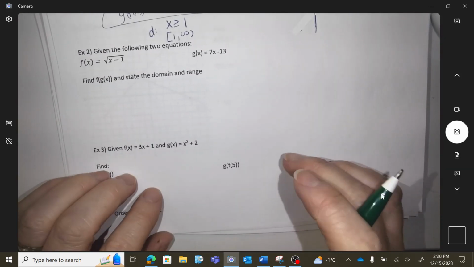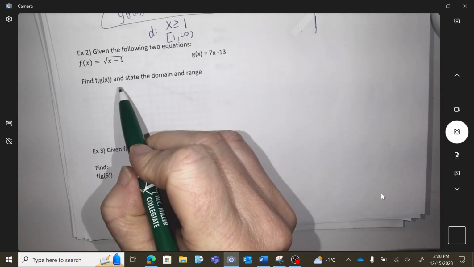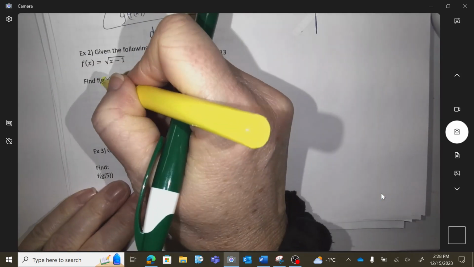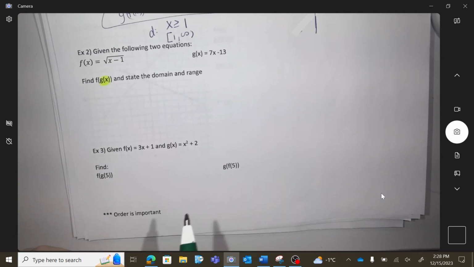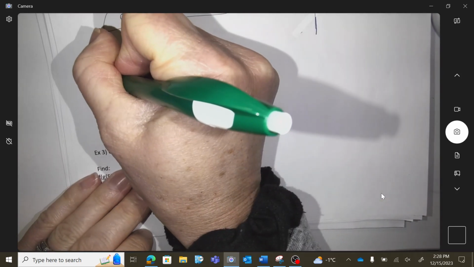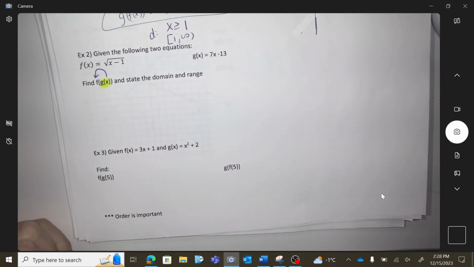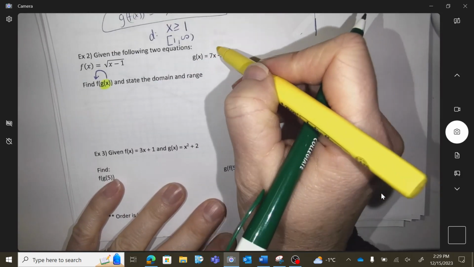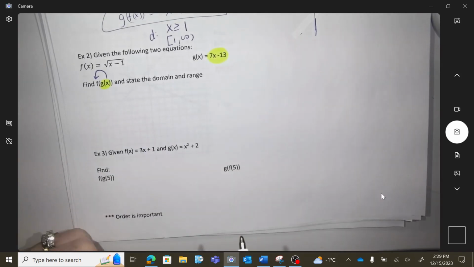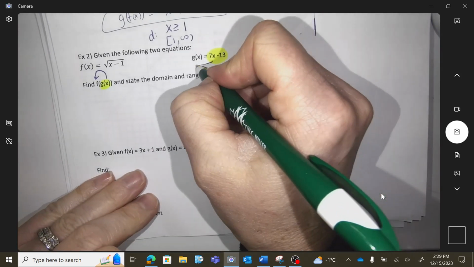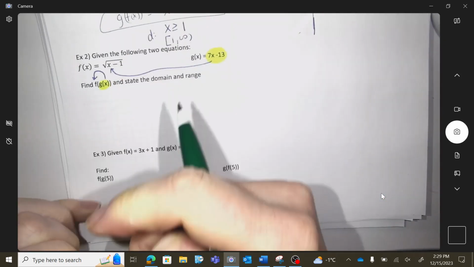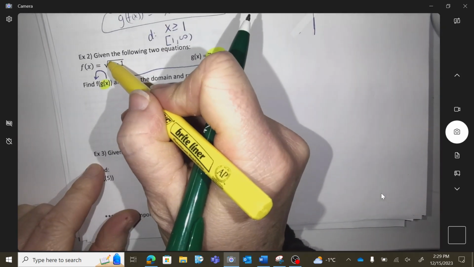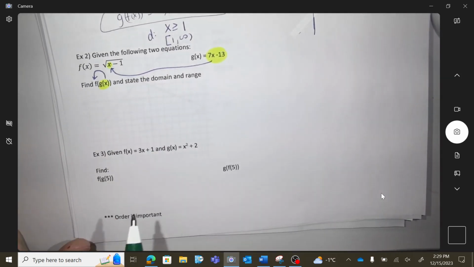Okay, next we're going to input f of g of x. So this time I'm going to put the g function into the f function. That's what it means. So what am I going to do? I'm going to put this into the f function's input place. Is that okay if I say it like that? The input spot.